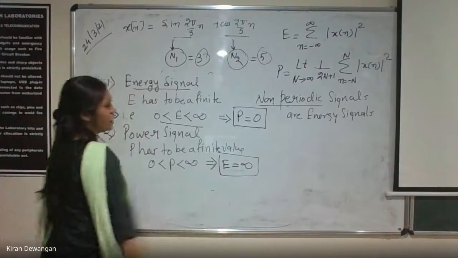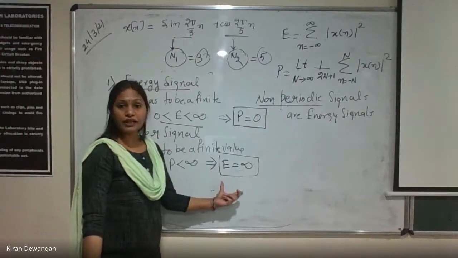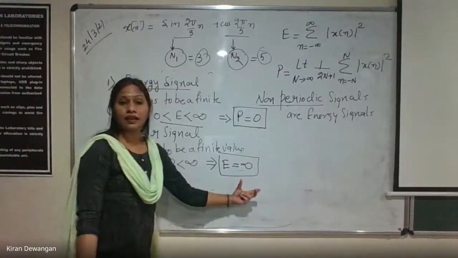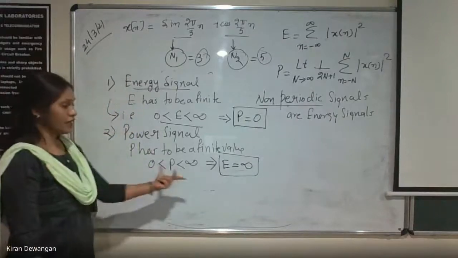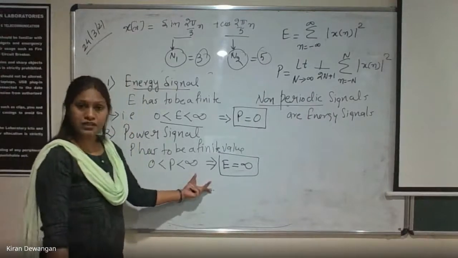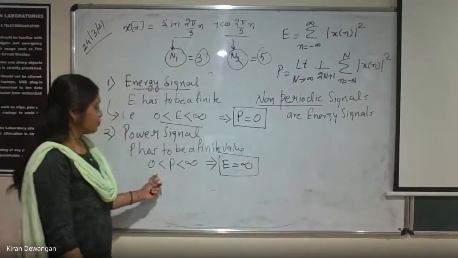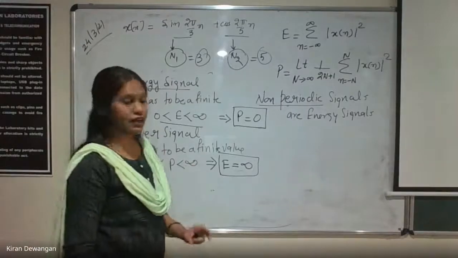Energy आपकी infinite होनी चाहिए. मतलब आपकी infinity energy रहनी चाहिए उसमें. ठीक है? So if you are calculating energy in the power signal, that means E should come as infinite. And the power value, definitely power signal है तो power has to be a finite value.